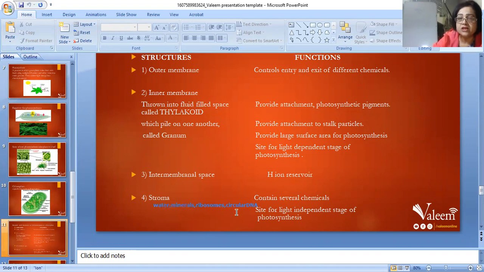So this is the list of the chemicals which I have mentioned over here, and it is a site for the light independent stage of photosynthesis. Means now here ATP which is formed in the light dependent stage is used to make glucose in presence of different enzymes. I hope it is clear to everyone.